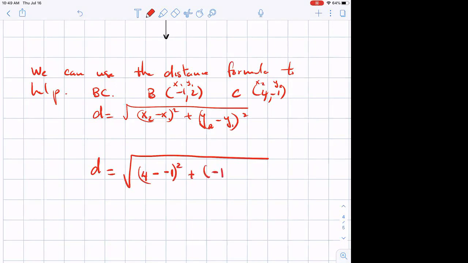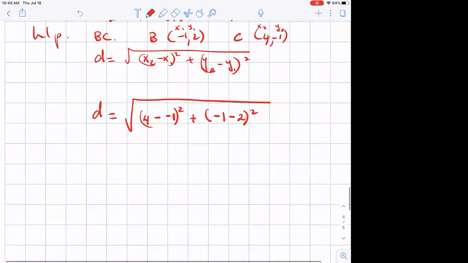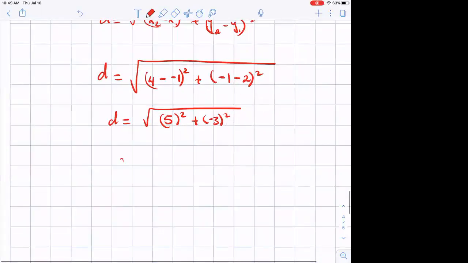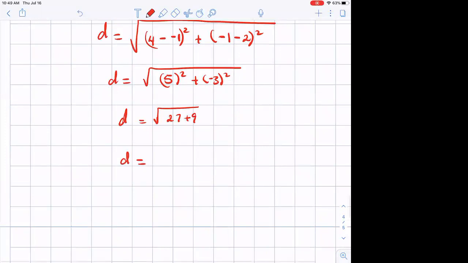Y2 is -1, minus y1, which is 2, squared. So D is equal to 5 squared plus -3 squared. So D is equal to the square root of 25 plus 9. D is equal to the square root of 35.